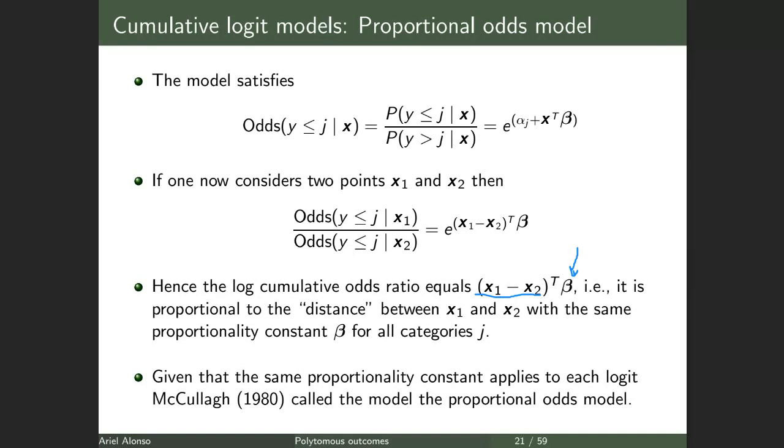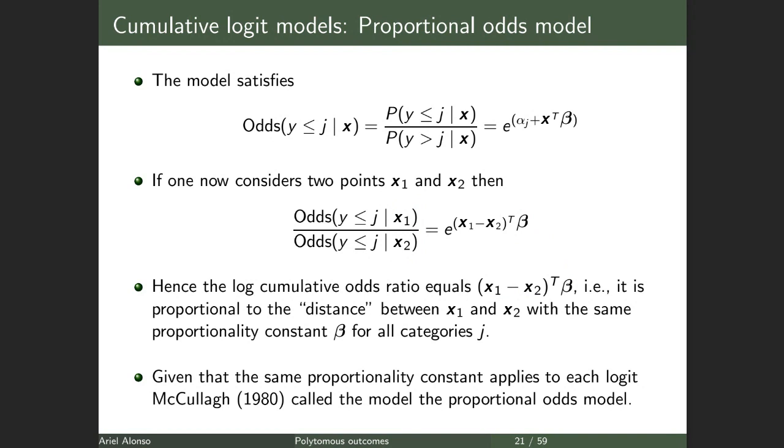Basically, the logarithm of the cumulative odds ratio for two different values of the covariate is proportional to the distance between the covariates, and this proportionality constant, beta, is constant. It doesn't depend on j. You can call it the cumulative logit model, which is sometimes known as the proportional odds model. So you may have both terms in the literature.